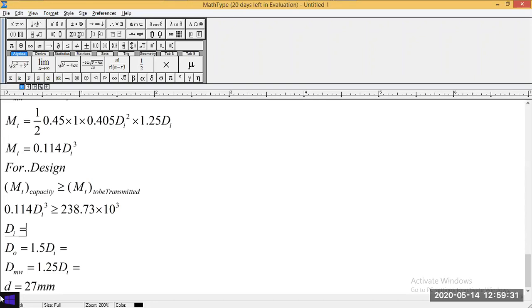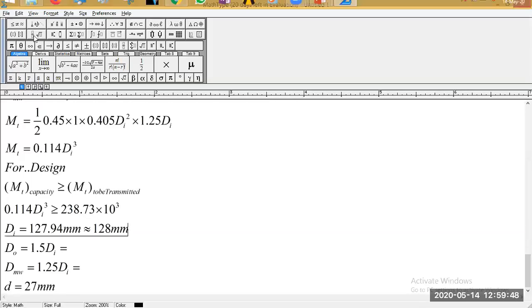So that value comes around 127.94 mm. We can approximate that to a value of 128 mm.